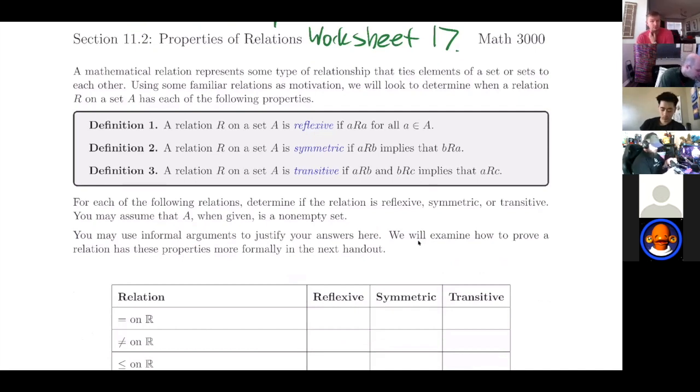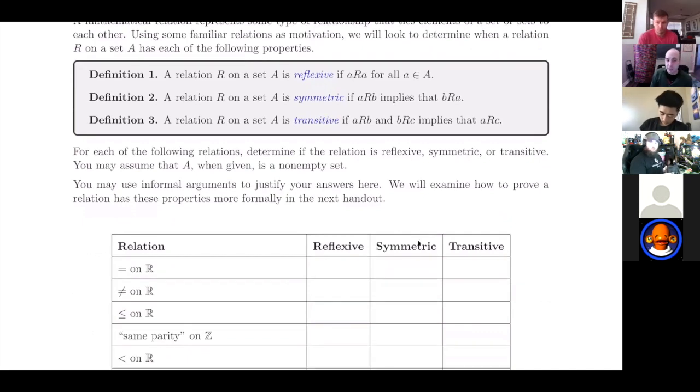Then let's consider some of the examples below. I want to make sure we're comfortable getting a gist, informally, of what it means for a relation to satisfy these properties, and then we'll talk about how we can prove them more formally.